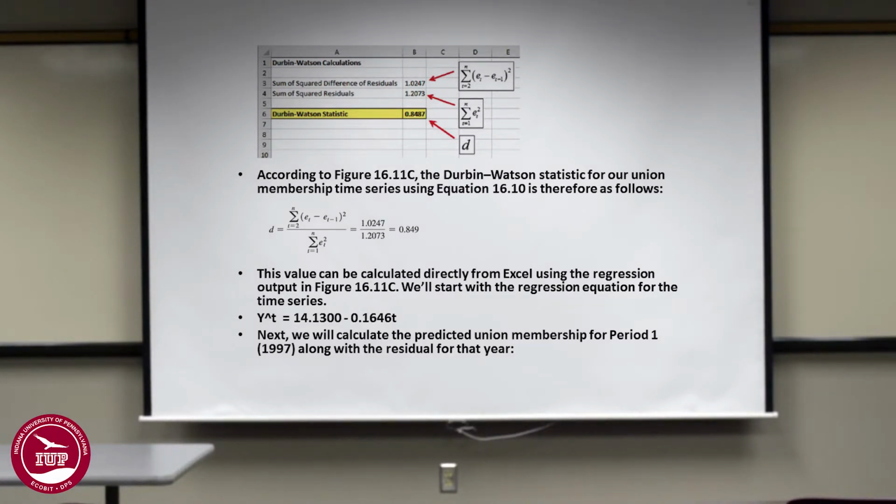We will start with the regression equation for the time series. Y hat t equal to 14.13 minus 0.16446 t. Next, we will calculate the predicted union membership for period 1 or 1997 along with the residual for that year.